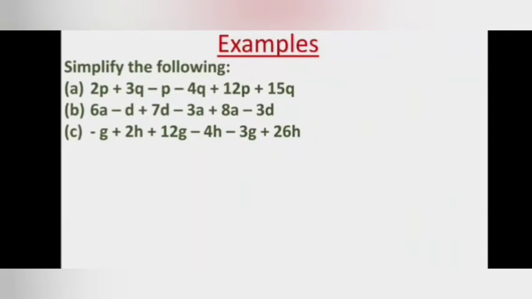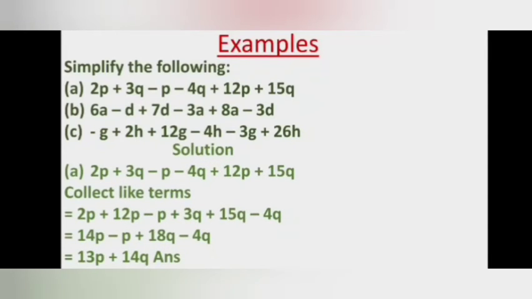Now let's take some examples. We have the first example. Simplify the following. A, 2p plus 3q minus p minus 4q plus 12p plus 15q. We're going to take the first one there, and let's start.